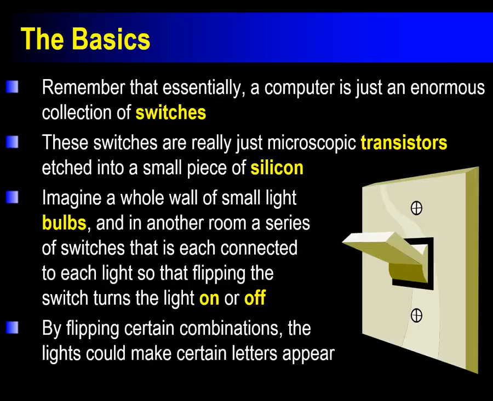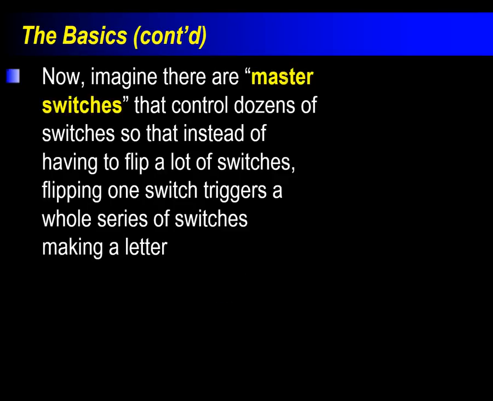A computer is essentially a collection of switches. Those switches, in reality, are little transistors etched into a piece of silicon material. If you've ever heard of Silicon Valley, that's because silicon is the primary element used in the creation of transistors. But again, if you imagine things as just a series of light bulbs connected to a series of light switches that flip on and off, certain combinations of switches can make certain lights create certain letters.